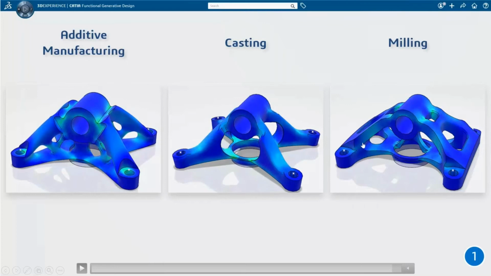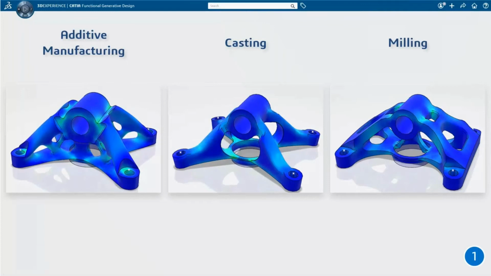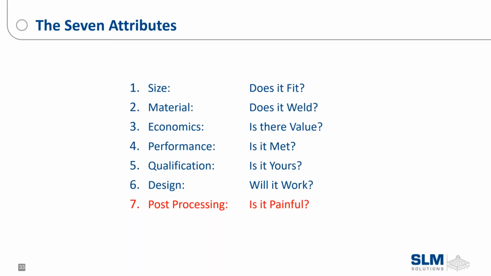And the milling, everything is very straight. There's somewhat organic shapes, but this is all designed for traditional milling and manufacturing techniques. So these are just some of the design changes that need to be made for metal additive.